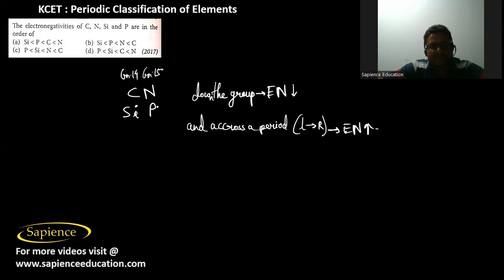So for phosphorus, the electronegativity will be lesser than nitrogen, and for silicon also the electronegativity will be lesser than carbon, and for carbon also the electronegativity will be lesser than nitrogen.